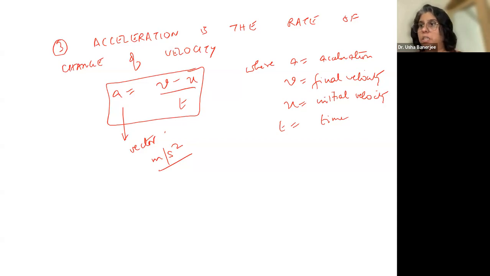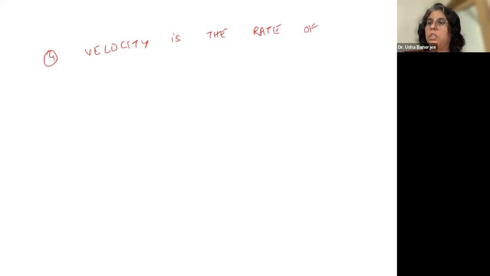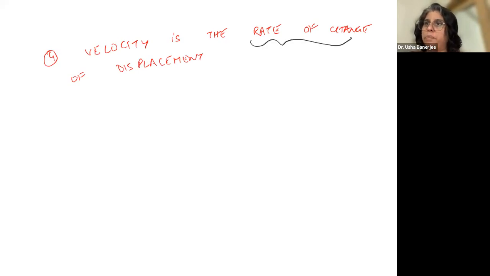What is velocity? So number 4, velocity is the rate of change of displacement. I'll tell you one small trick, okay? Whenever you have rate of change of something, this means that the denominator has to be time.